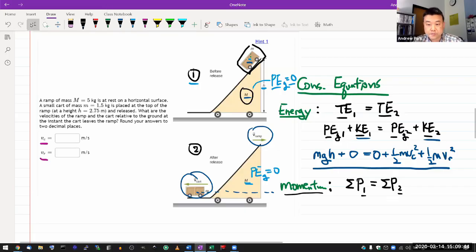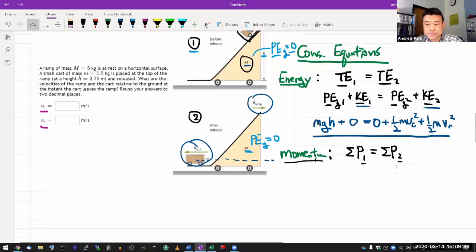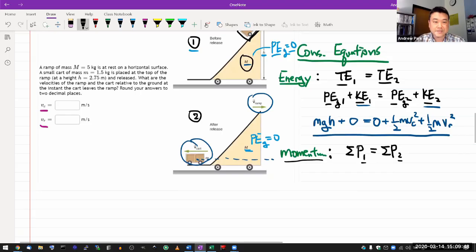In snapshot 1, the total momentum is easy to calculate. It's 0 because nothing is moving. So I have 0 is equal to the total momentum at the end. And my own practice for problem solving is I like to write down my equations in a way where all my symbols are positive quantities, or at least they are expected to be positive.